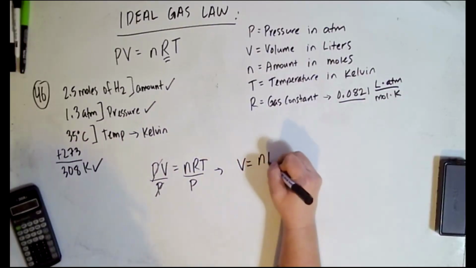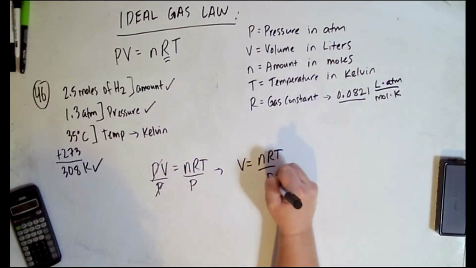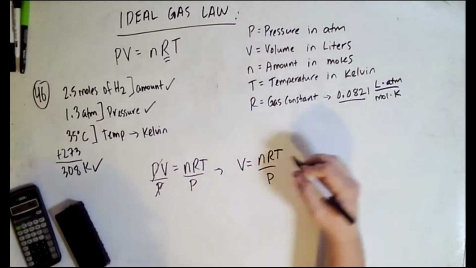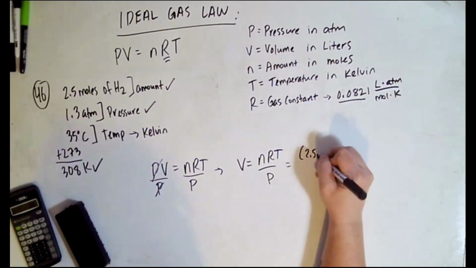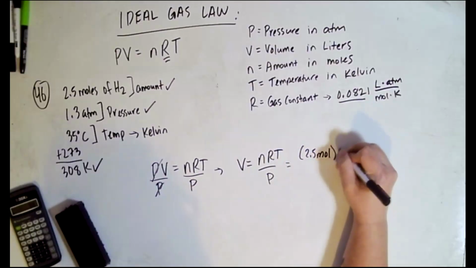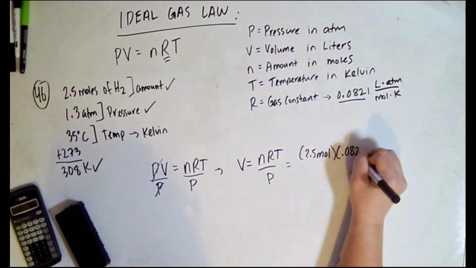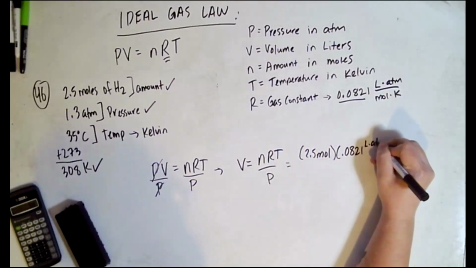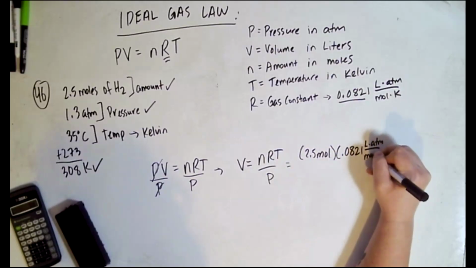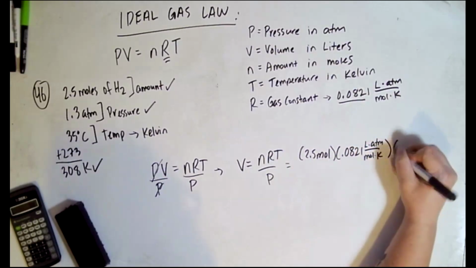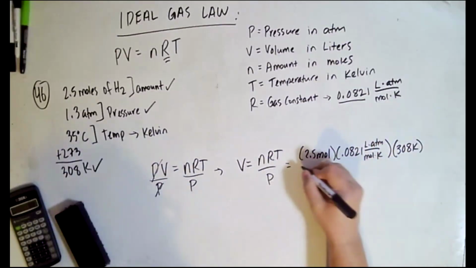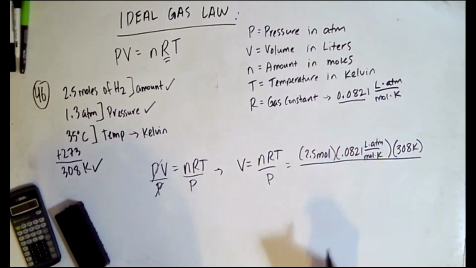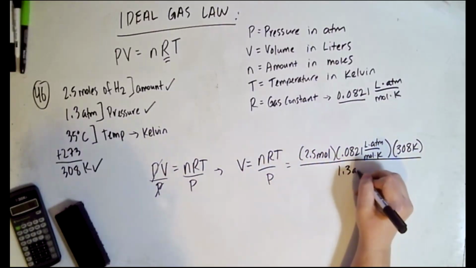Volume equals nRT divided by P. So we're going to have 2.5 moles times our R constant times our temperature in Kelvin. And we're going to divide all of that by our pressure of 1.3 atm.